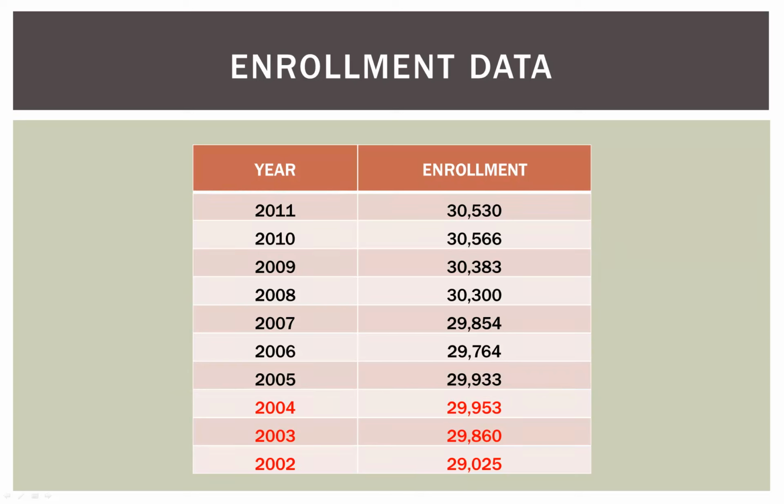And as you might guess, it takes 3 years of data to generate our first forecast. So we will need the data from 2002, 2003, and 2004 to generate our first 3-year forecast in 2005. So these models will only span 2005 to 2011 because those will be the years that we have forecast data for all 3 models.